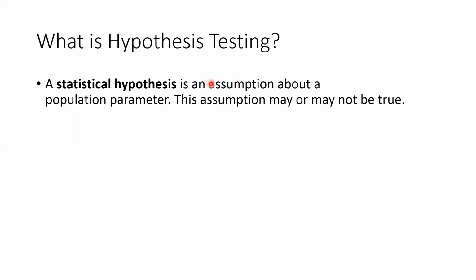So that's why we do sampling, and then we calculate that population parameter. That is why it is known as an assumption. Now this assumption may be true or may not be true. It is obvious, we cannot guarantee anything about an assumption.